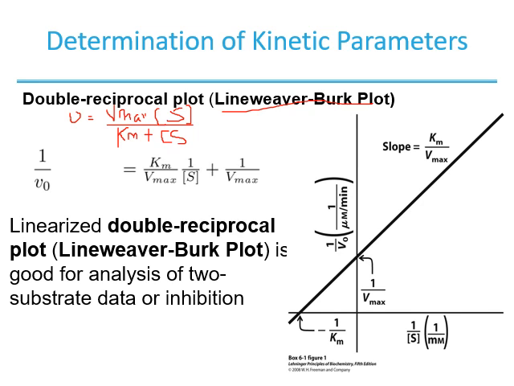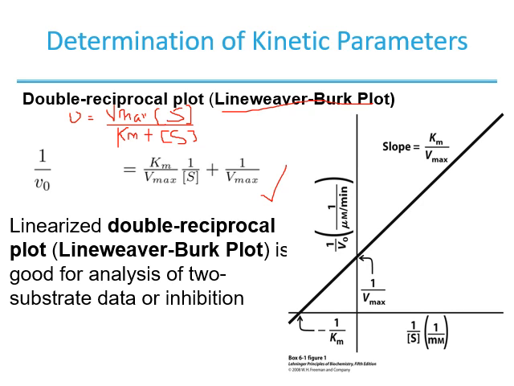So you just invert it: 1 over V, then Km plus concentration of substrate divided by Vmax times substrate. So you will get this equation if you invert the Michaelis-Menten equation.